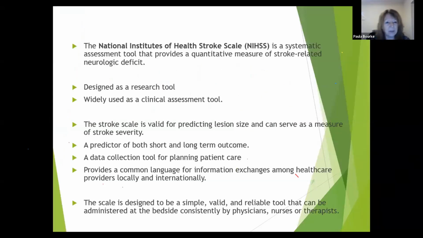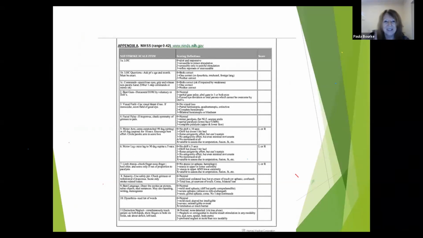So that's what I've been talking about. And this is it. This is it that goes through 0 to 45. Now, when you know it and you know it really well, when your stroke comes through that front door and you're concerned about door to needle times and getting the patients, you know it well enough to go, oh, facial palsy at a glance. Down the corridor, you can see facial palsy, left-sided weakness, over to one side.